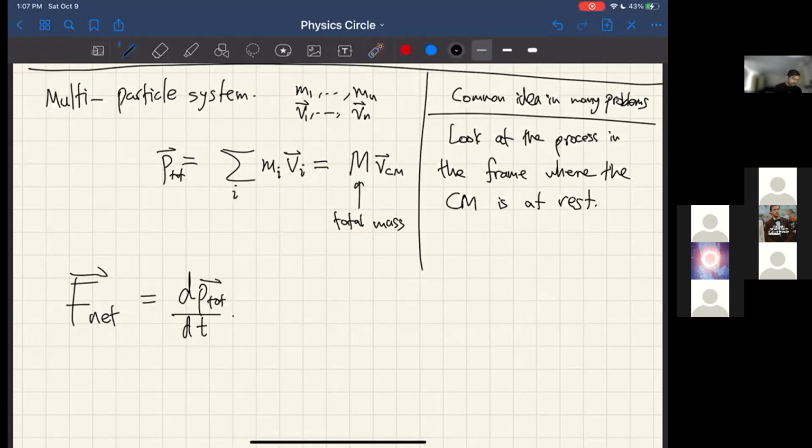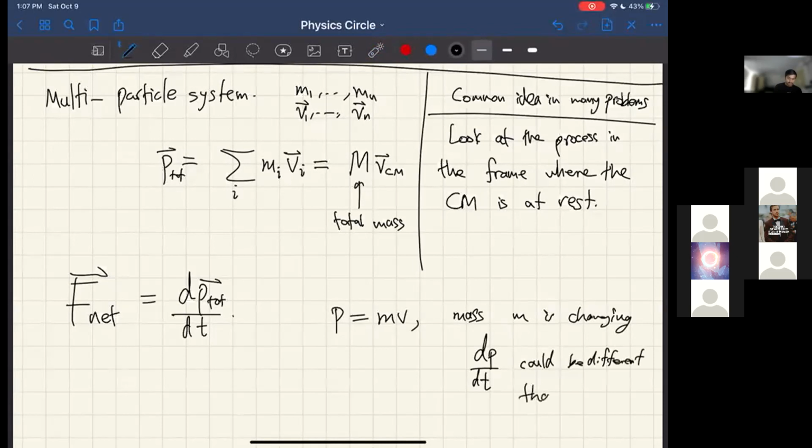This is a simplistic case, but we'll see in more detail later: you have P equals mv, and if now the mass is changing, then dp/dt could be different than ma. Anyways, we'll see that later.